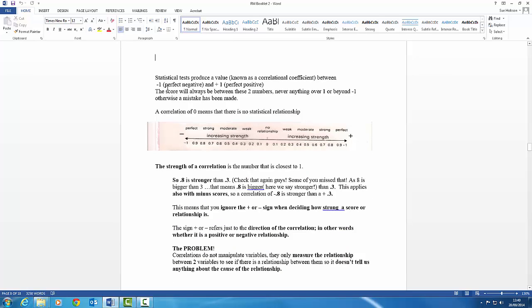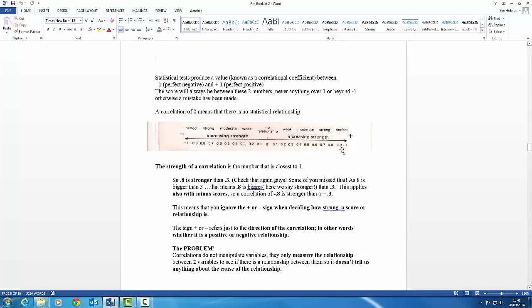Statistical tests produce a value, and this is actually known as a correlation coefficient. That's the name for it. It's a very fancy name, but that's the name for this value. What you do need to know is that that number should be between -1 and +1. The score is always going to be between 0 and 1, and it could be a minus number or a plus number. The score will always be between these two numbers.